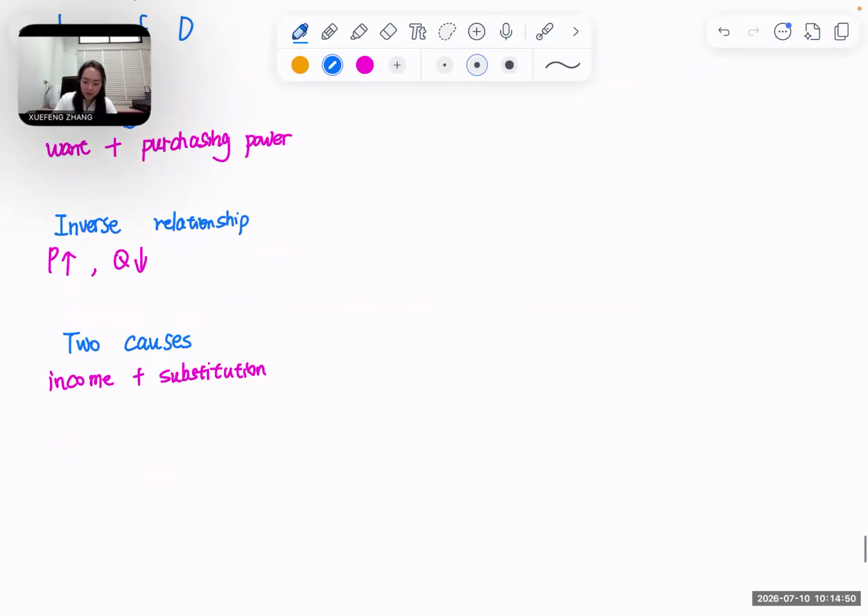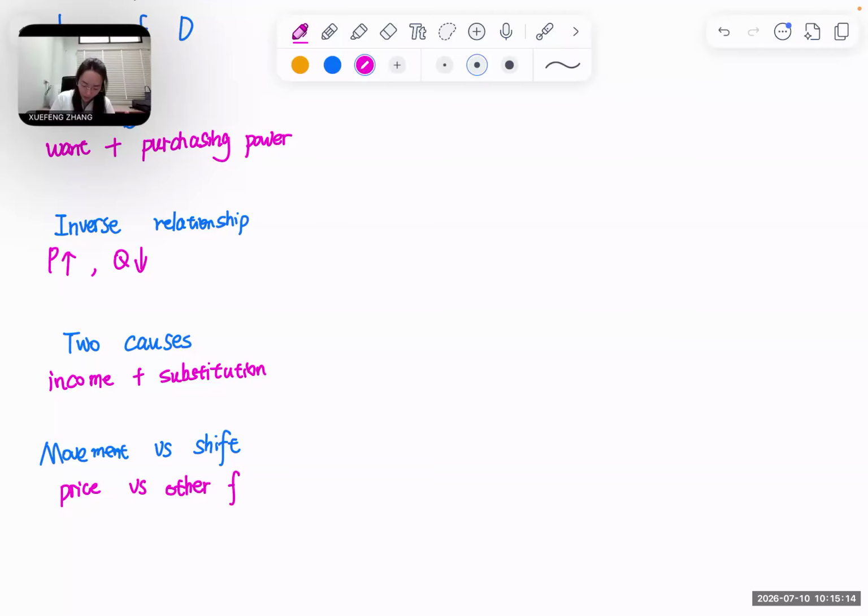Okay, the movement, which is for demand, okay, if it's because of the price or because of the other factors.